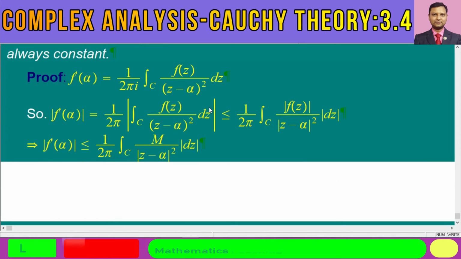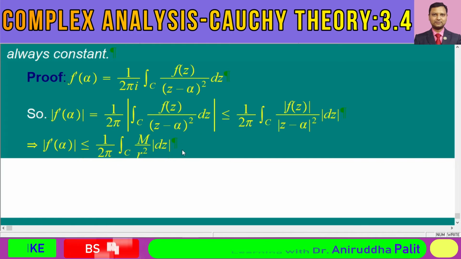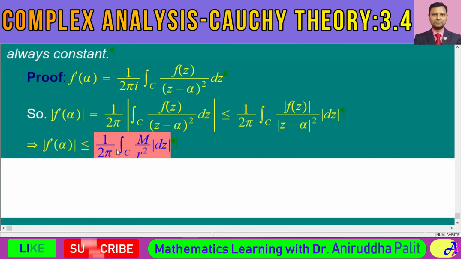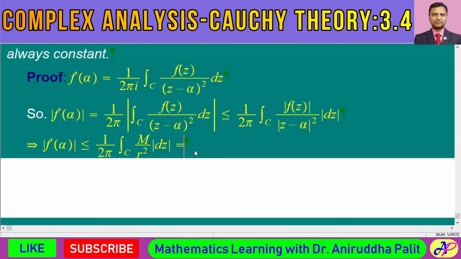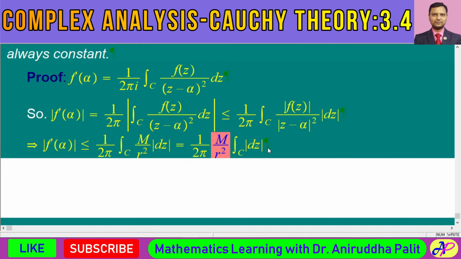Therefore in place of modulus of z minus alpha we can put small r, and M by r square can be taken outside the integral sign.